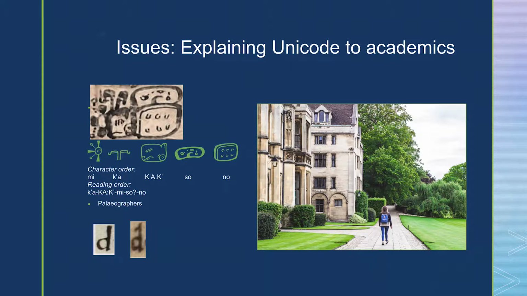Unicode focuses on representing the graphemes on a page, irrespective of reading order, for example, whereas many linguists are interested in how the graphemes represent sounds of a language and the reading order. So this slide shows an example from Mayan hieroglyphs, where the character order varies from the reading order.